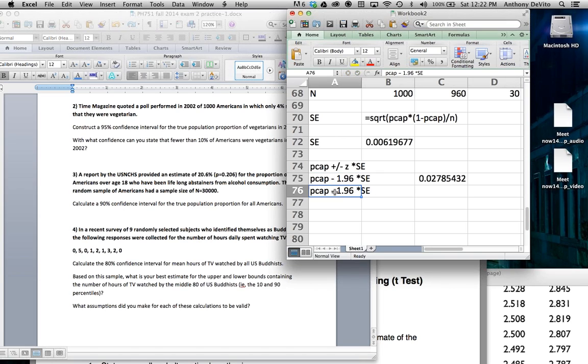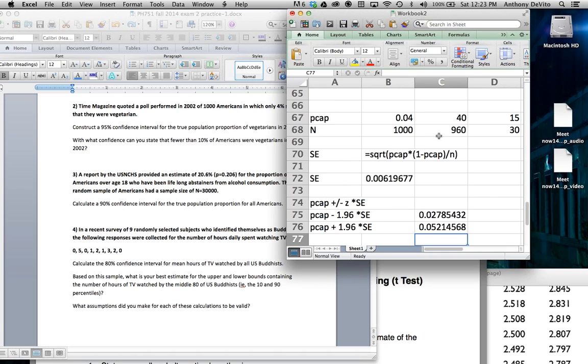I'm just doing it this way so that the first number I get is a lower boundary and the second number I get is a higher boundary. Okay, my upper boundary is going to be equal to 0.04 plus 1.96 times the standard error, which is 5.2.